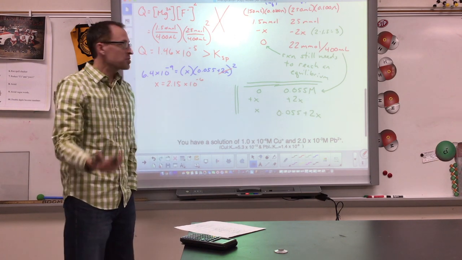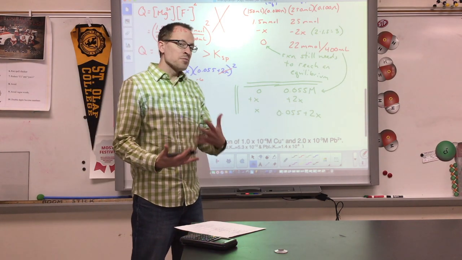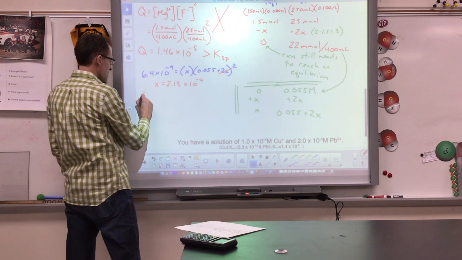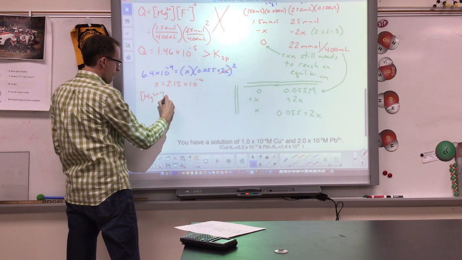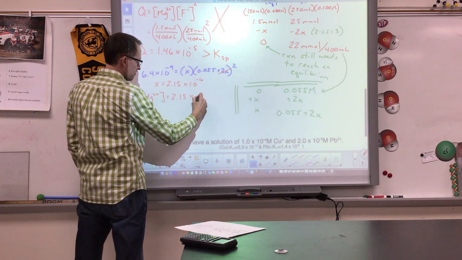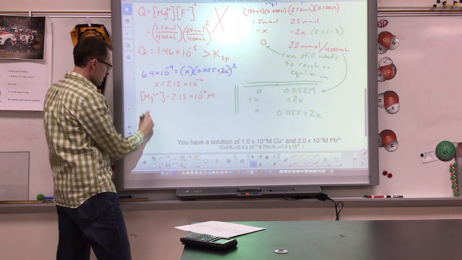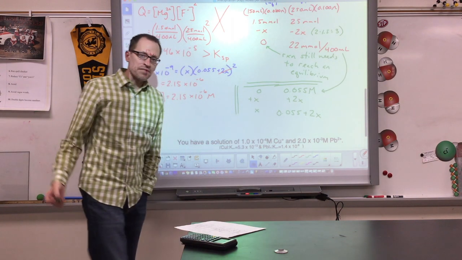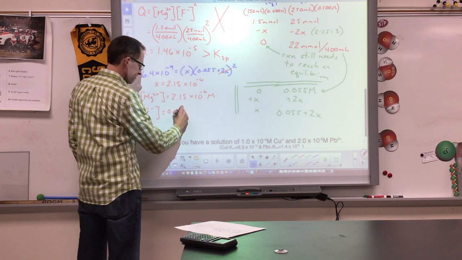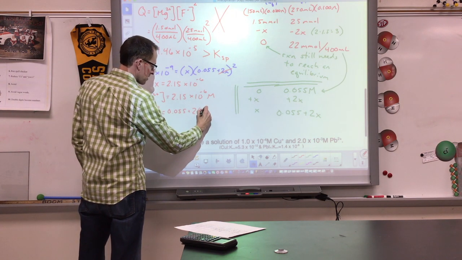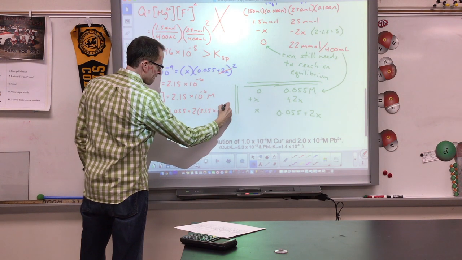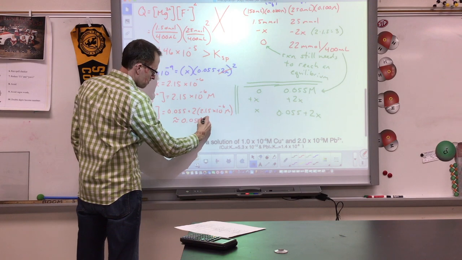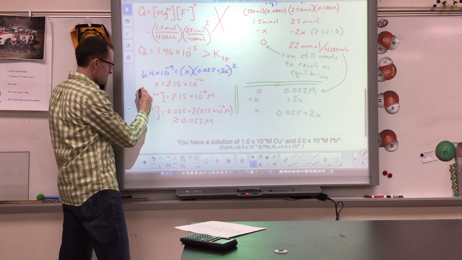So now the question was, what is my Mg2 plus and my F minus. My Mg2 plus is x. So the concentration of Mg2 plus equals that. And my concentration of F minus is going to equal 0.055 plus 2x, which basically equals the same amount.